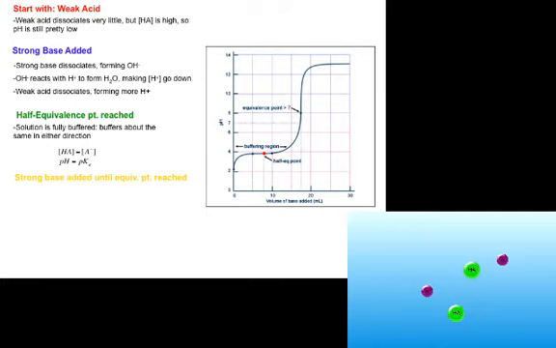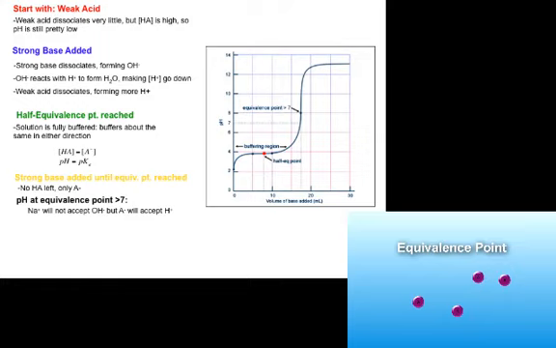We can continue to add strong base until the equivalence point is reached. At that point, all the HA is gone. It's all dissociated into A minus and H+, and a lot of that H+ has been neutralized, which is why the pH at the equivalence point is greater than 7.